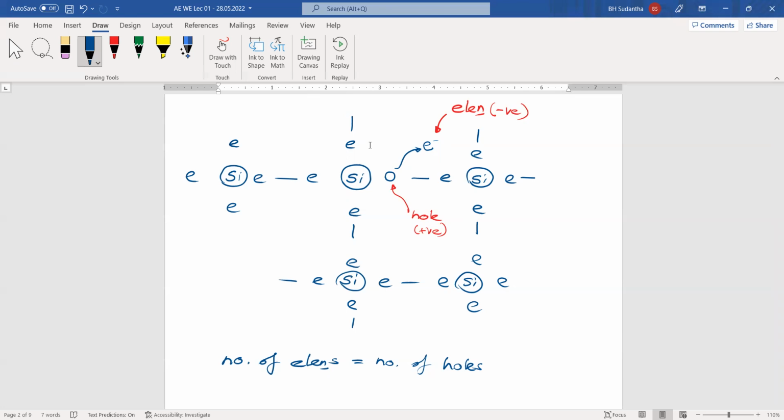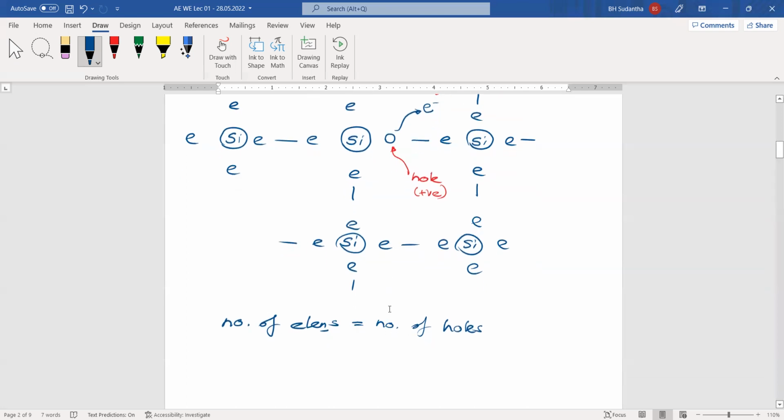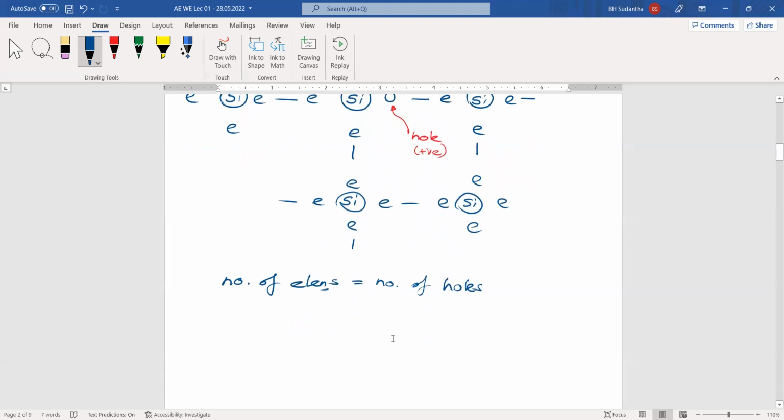Now it shows some conducting characteristics, but not fully, not like metals or conductors; it shows partial conducting characteristics. Because of that, we say these are semiconductors. In these semiconductors the number of electrons and the number of holes are equal, and in such a situation we say these are intrinsic semiconductors.